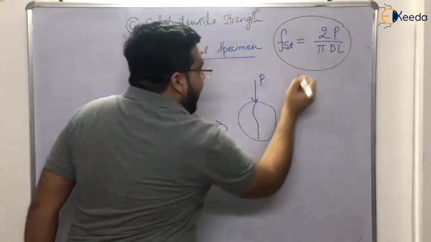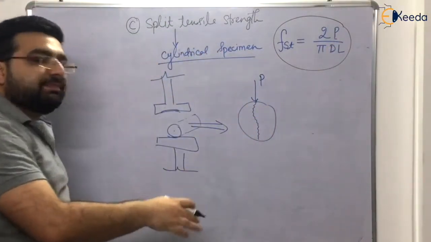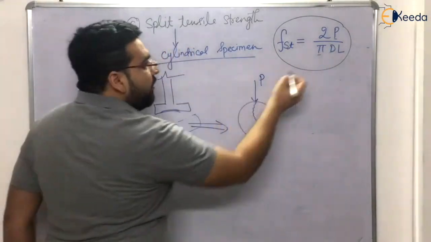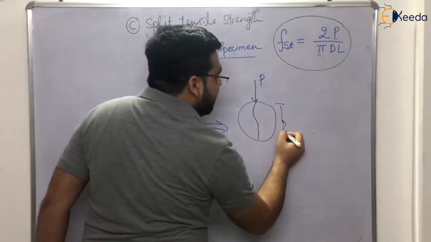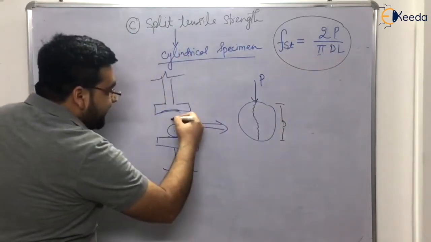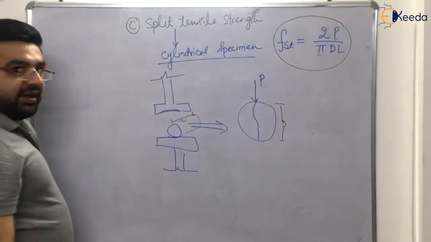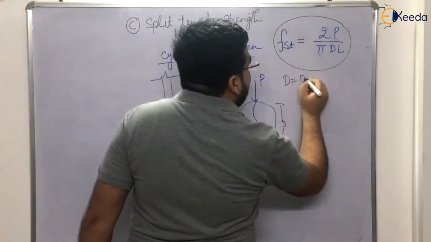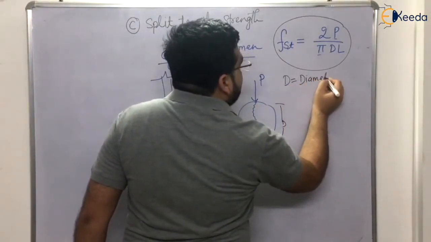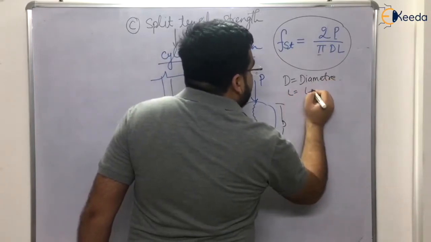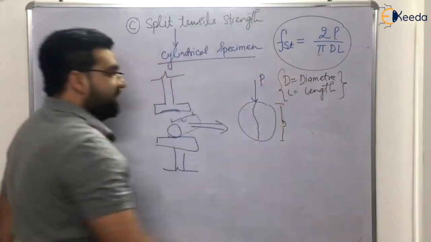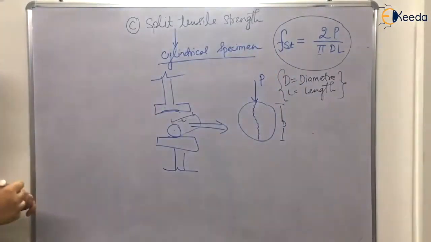P is the load at which the cylinder gets split into two parts. What is pi? 3.14. What is D? Diameter of the specimen. And what is L? L is the length of the specimen. So this is also important.